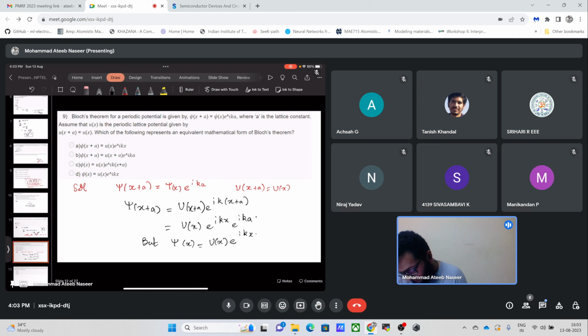So it would mean that we will be having this equation with iota ka, and psi of x plus a would simply be psi of x times e to the power of iota ka.